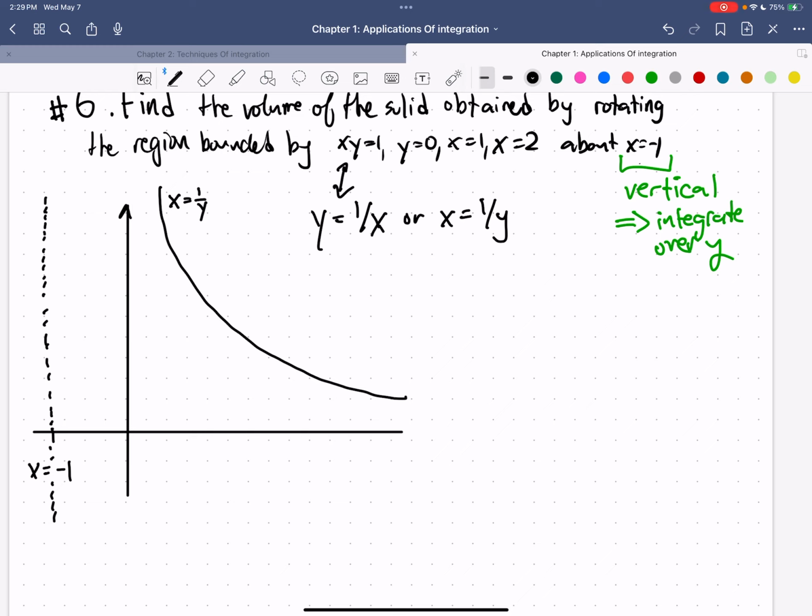Then we're also bounded by y equals 0, so that means we're above the x-axis. And then the lines x equals 1 and x equals 2. So we've got this and this, and that will define our area. I'll color it in.